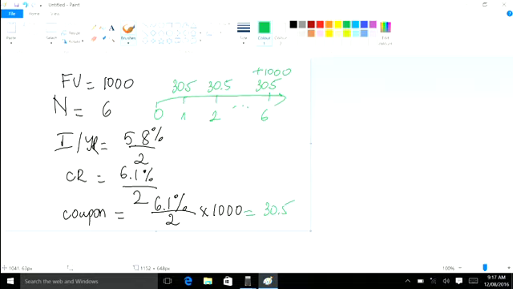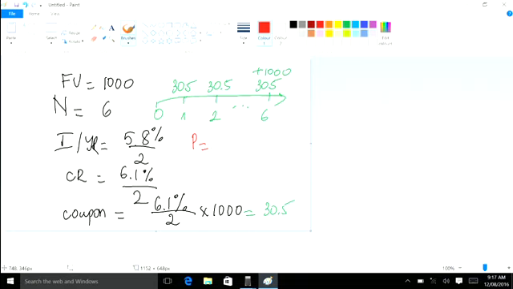So when we have that cash flow, the timeline here, what we have to do, we need to calculate the price. Or in this case, the price should be the same as the intrinsic value, which is the same as the market value. So the price, let me put that formula in. The price of the bond.